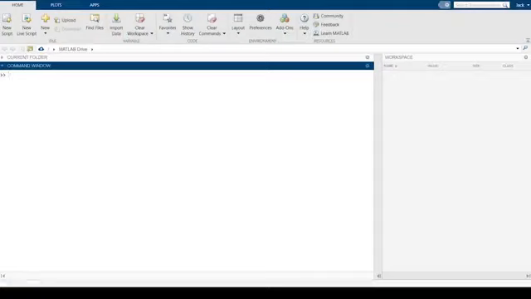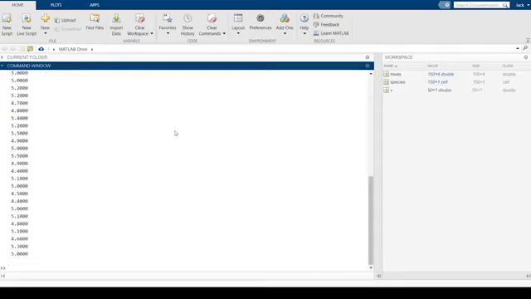Let's start with some basic statistical analysis of our iris data set. Let's examine feature 1 for the first 50 samples of our data set. That gives us a set of 50 floating point numbers in a vector V. Okay.